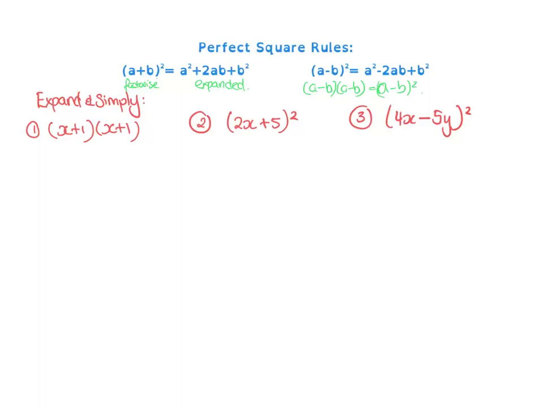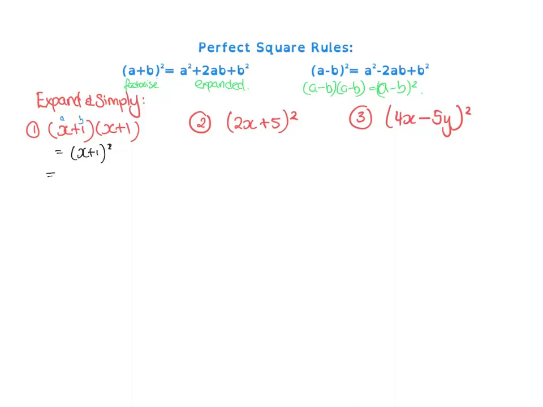So we essentially have the same thing here, multiplied by each other, so I could write it like that. That's another way of writing this. Now, the pattern says that we square the first term. So if I have a look here, this is like the a, and this is like the b.